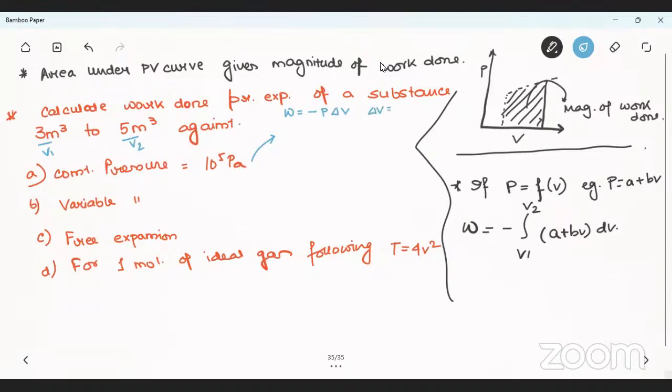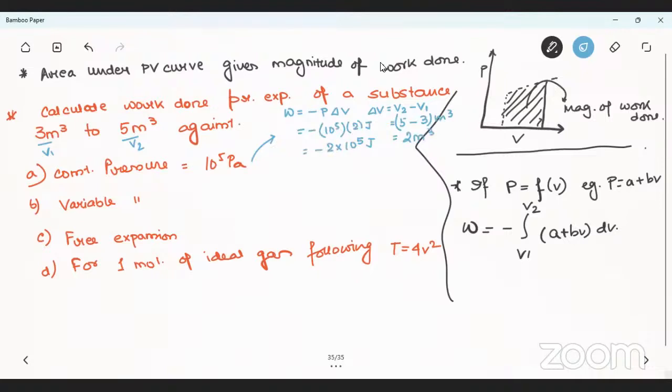Delta V means V2 minus V1. V2 is 5 minus V1 which is 3, in meter cube. So this is 2 meter cube. What is the pressure? Pressure I have given as 10 to the power 5. So 10 to the power 5 times 2, so it is minus 2 into 10 to the power 5 joules.